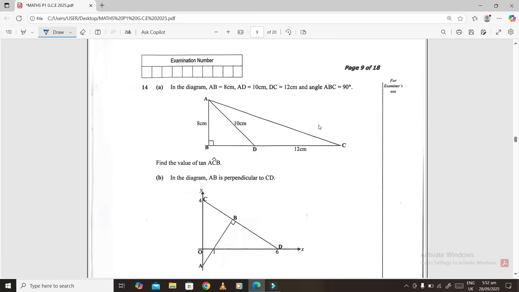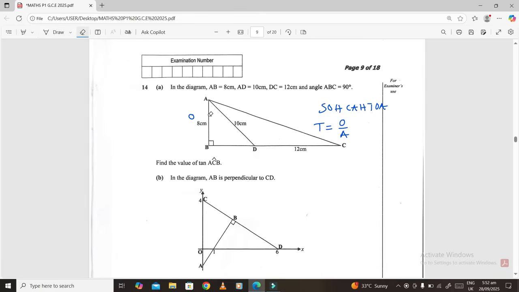Okay, so we know that when it comes to SOHCAHTOA, tan has got opposite over adjacent, of which opposite we have, right here. But adjacent, we don't have.